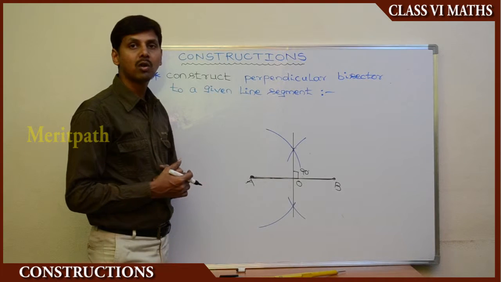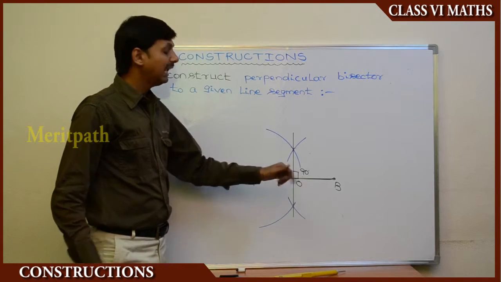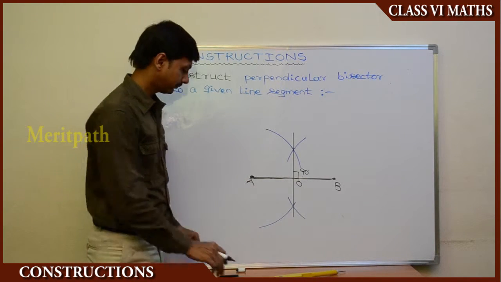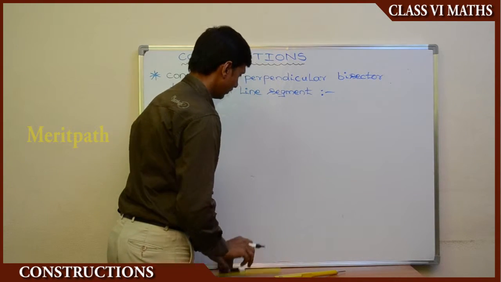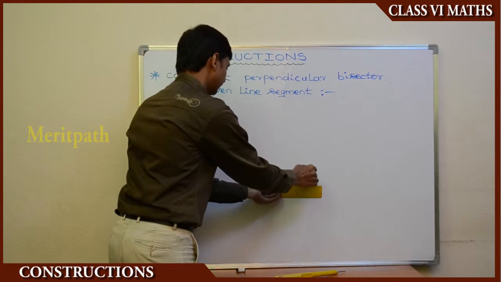So let's recall what we have done here. We draw AB as a line segment. Let's draw it again. So, AB line segment.